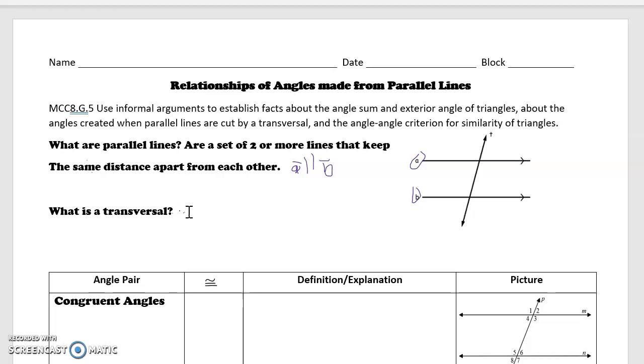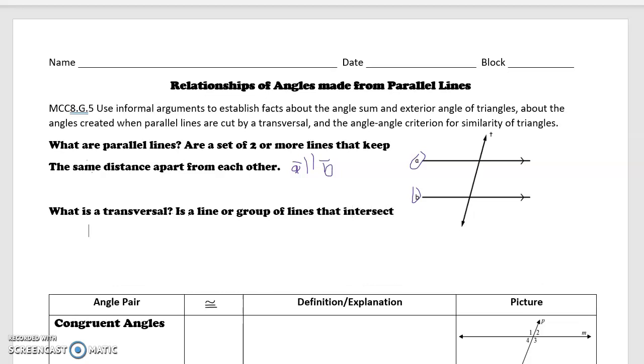A transversal is a line or group of lines that intersect parallel lines. So a transversal is a line that intersects parallel lines.